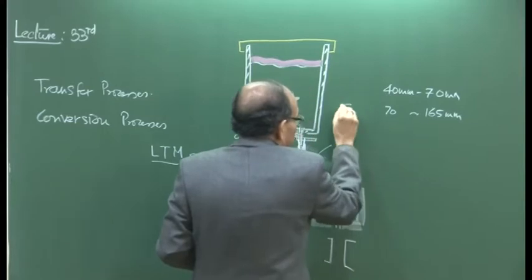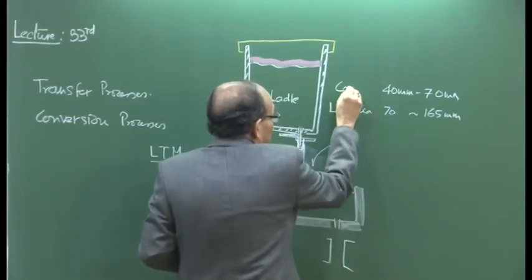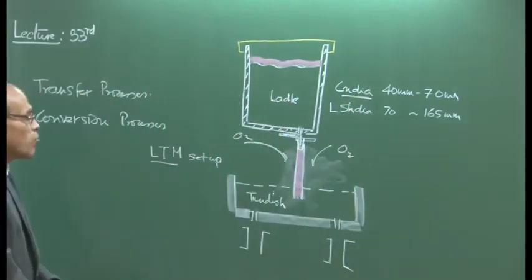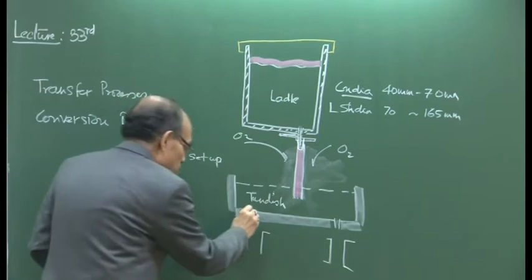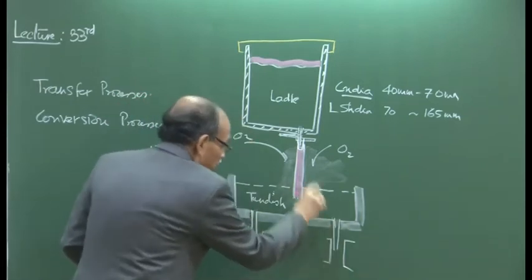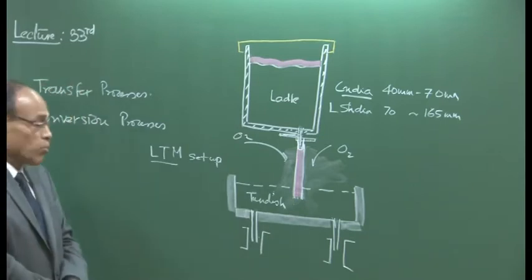That is the ladle shroud diameter, and this is the collector nozzle diameter. They depend on what kind of products we are making through continuous casting. Nowhere in the setup, as you would note, is molten metal exposed to the environment.